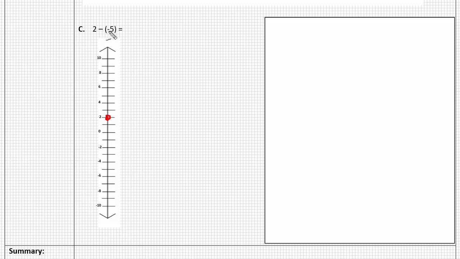And we're going to subtract a negative 5, so we're going to go to the top 5 places. 1, 2, 3, 4, 5. And we land right here at positive 7. So 2 subtract negative 5 equals 7.